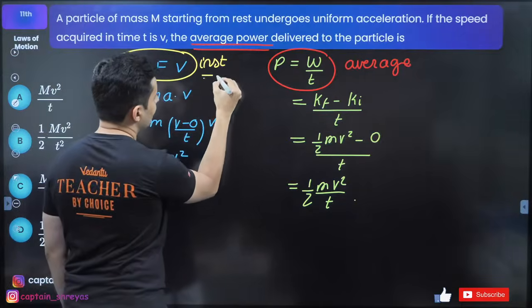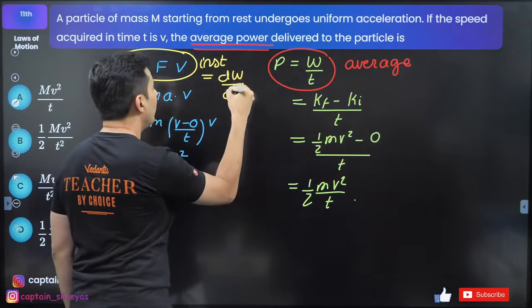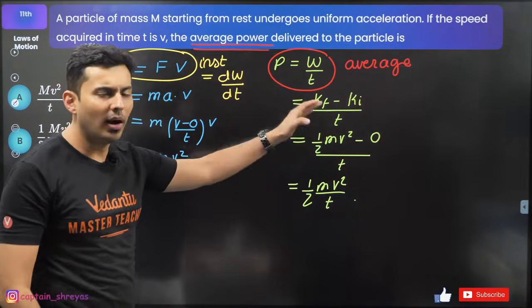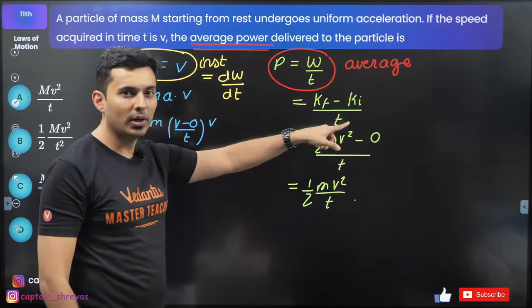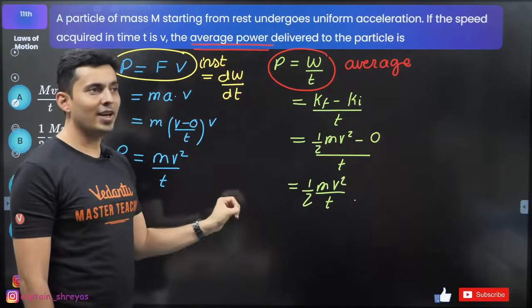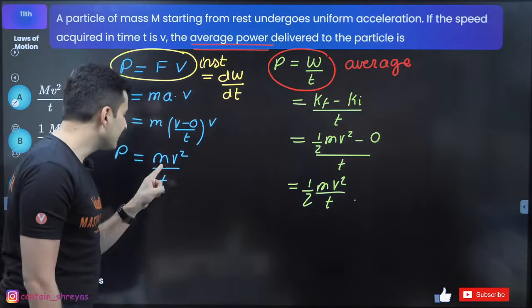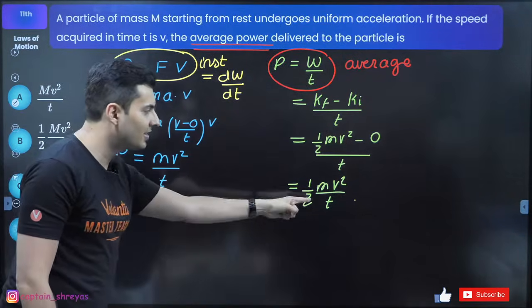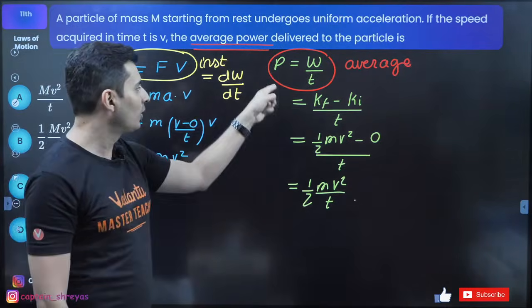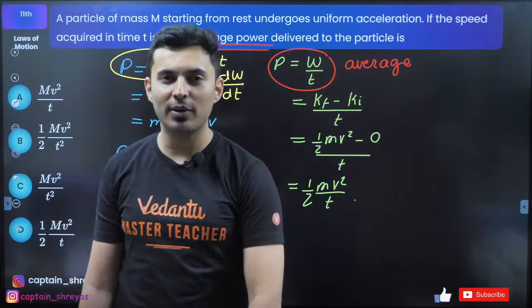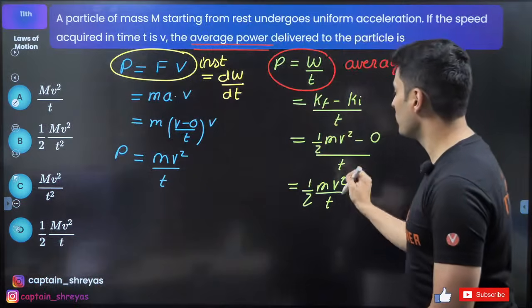In fact, it is going to be dW by dt. There is a lot of difference between total work by total time and the derivative, the instantaneous rate of work. This is instantaneous. This answer is for average. Here the word used is average, so that's why I'm going to stick with this.